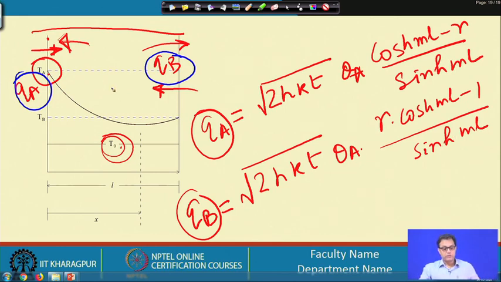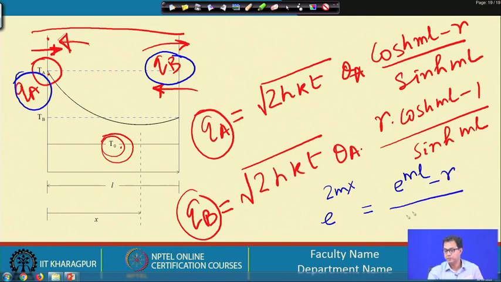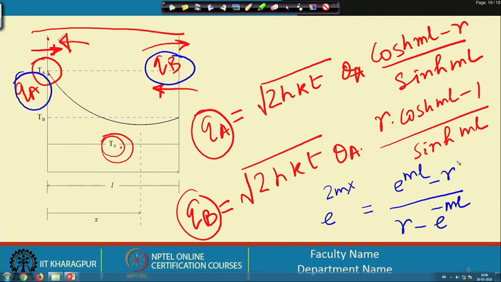But the situation will really be different. All these things depend on that equation where we have said that e to the power m x is equal to e to the power m l minus r divided by r minus e to the power m l, and this r will determine the position of the x, and that r is basically nothing but theta b by theta a.